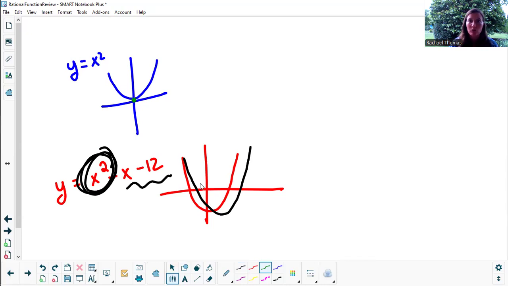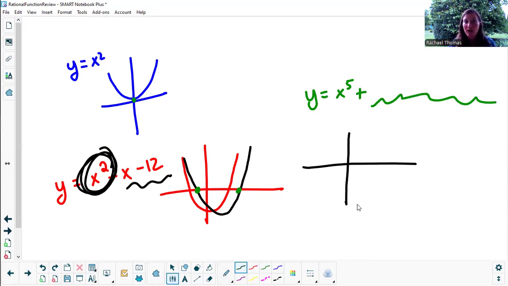Right now, I've got 1 zero, one place that graph touches the x-axis. When I graph a polynomial whose leading term is x squared, now I've got 2. And it turns out that if I graph a polynomial that has a leading term of, say, x to the 5, whatever else comes after it, I could potentially have 5 zeros.